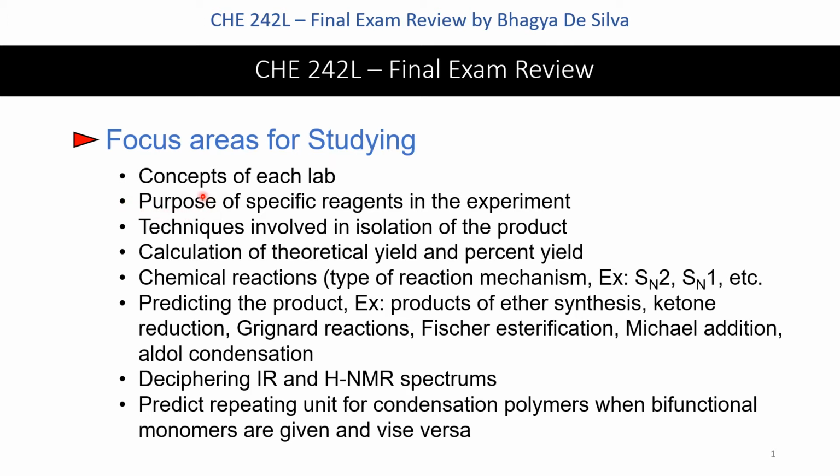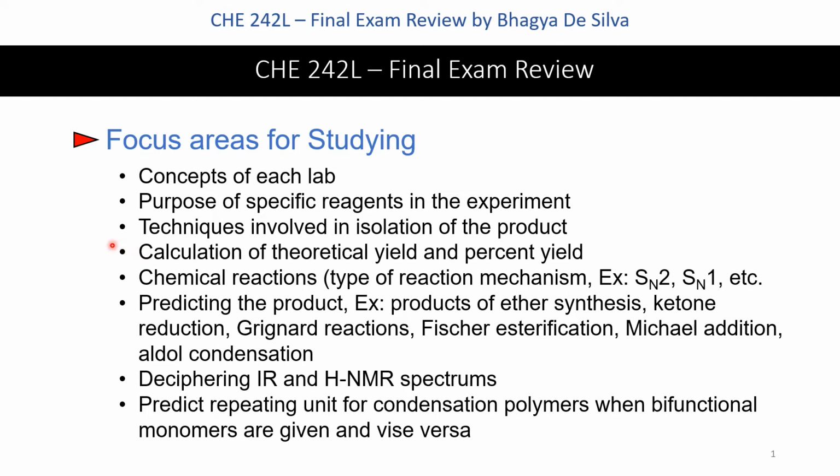So for those kinds of reagents that we used in some of the experiments, make sure to note down the purpose. Then the techniques involved in isolation of the product, such as extraction, and techniques for purification, where we mostly use the recrystallization technique. Then calculation of theoretical yield and percent yield.